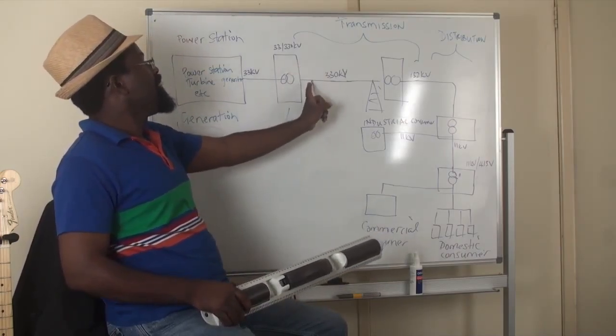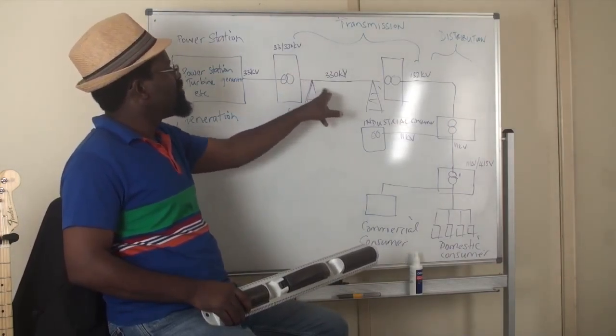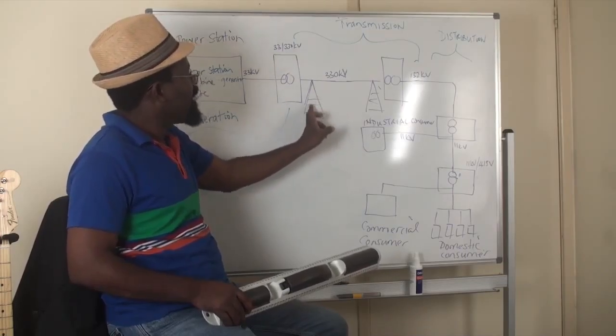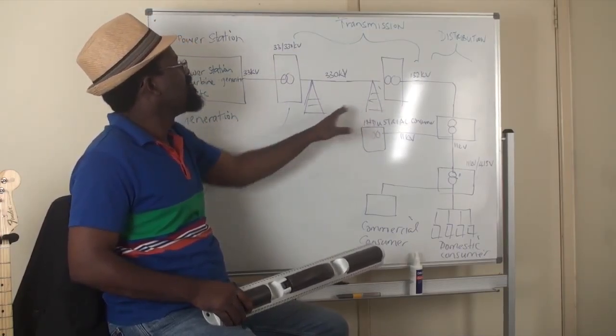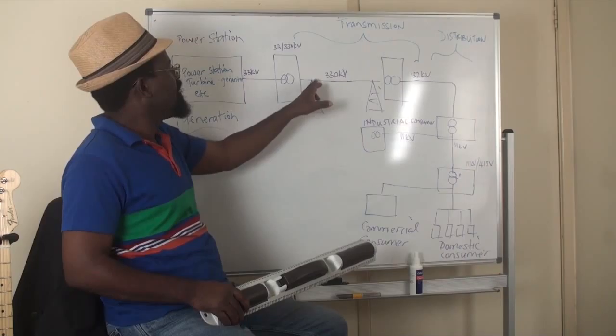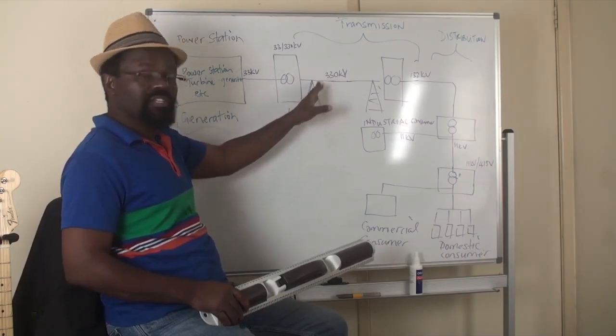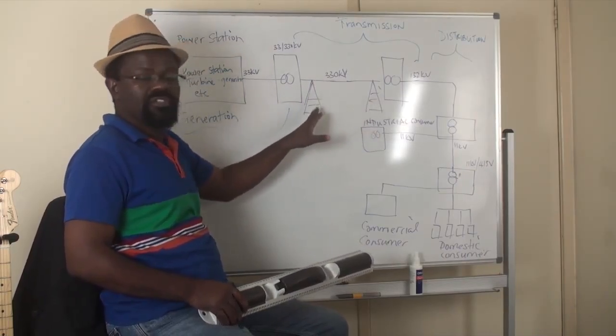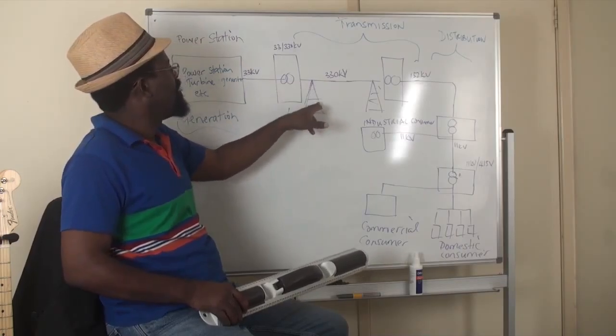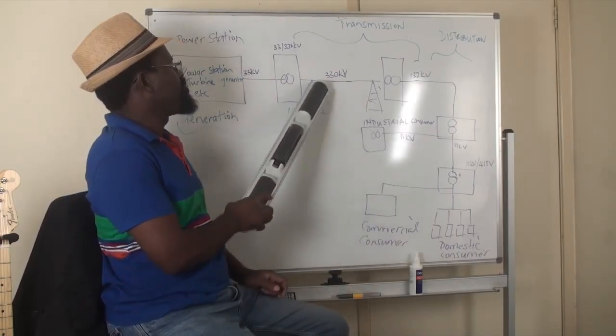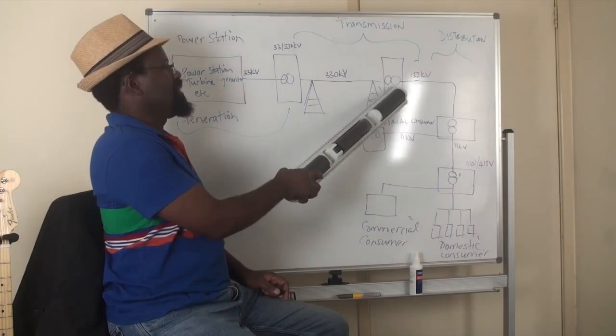Okay, and then it's transmitted through a transmission line. These are gantries for the lines, and then these are structures for the lines, and the line transmits that voltage to this other end here.